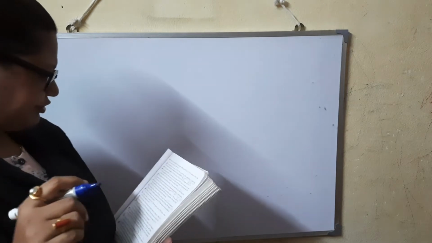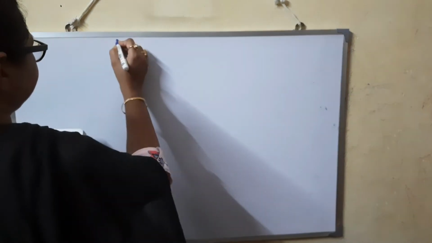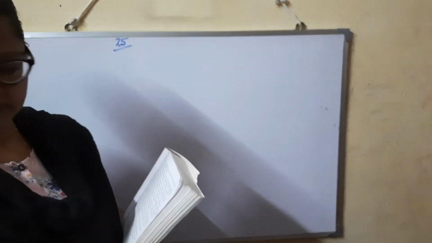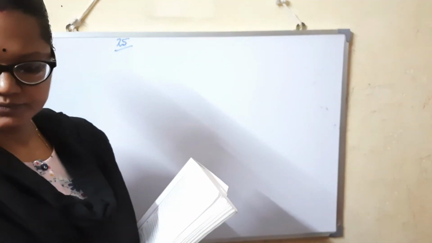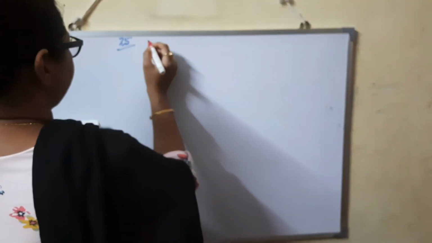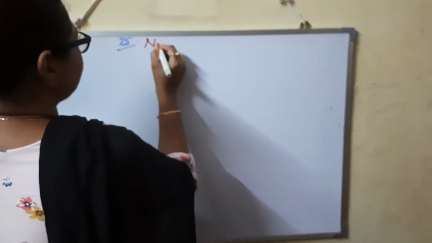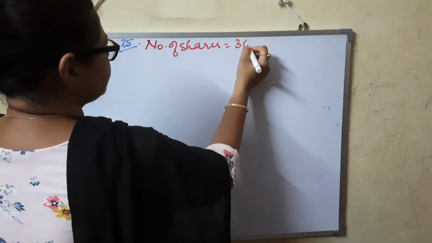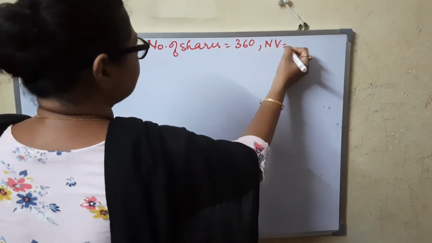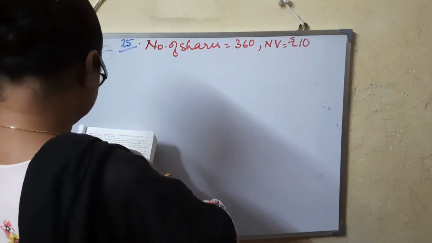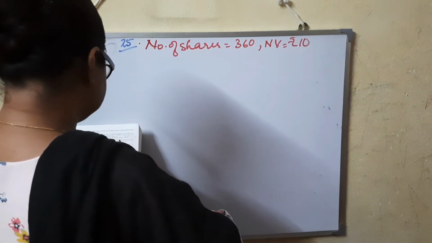Next sum, we are going to do sum number 25. A man bought 360 rupees 10 shares. So number of shares 360, nominal value rupees 10, paying 12% per annum.